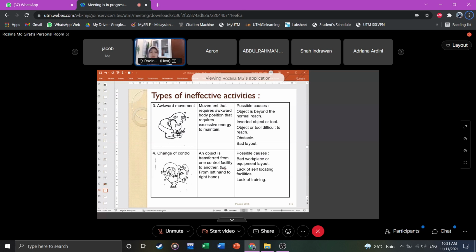So maybe there is an issue, ineffective activities, or you change the process. Change of control can also involve changing from one facility to another, from left hand to right hand. Bad workplace or equipment layout, lack of self-locating facilities, and lack of training.